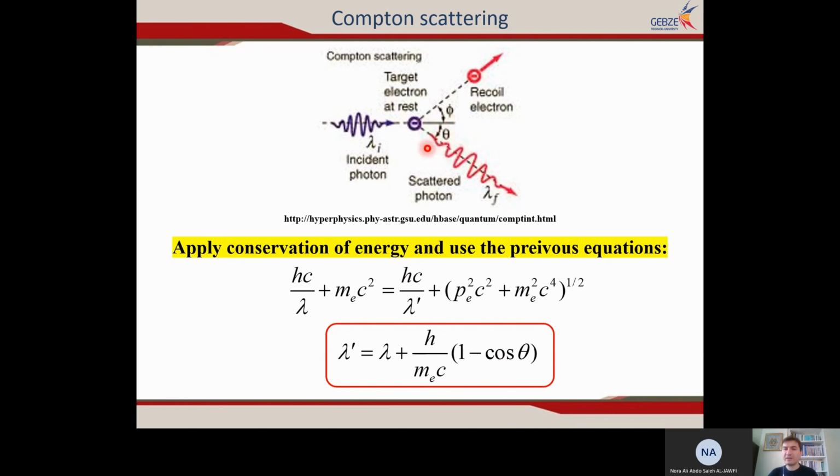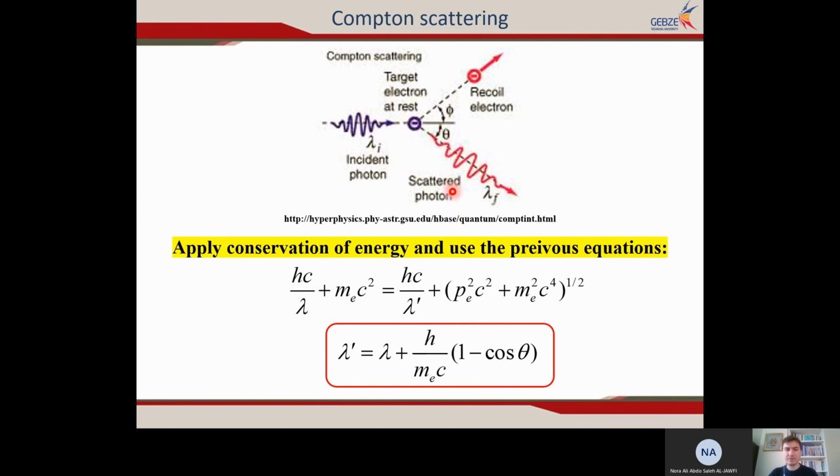If I know this theta angle here, then I can easily calculate the wavelength of the scattered photon. So X-ray based Compton scattering experiments use this formula in order to find the final energy of the scattered photon. Do you have any question here?